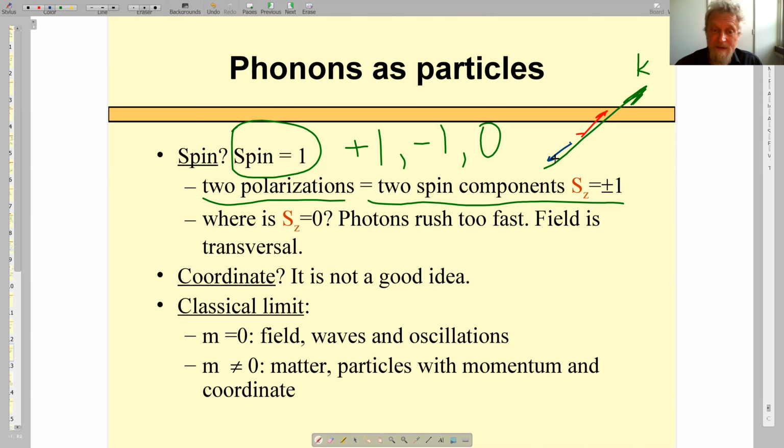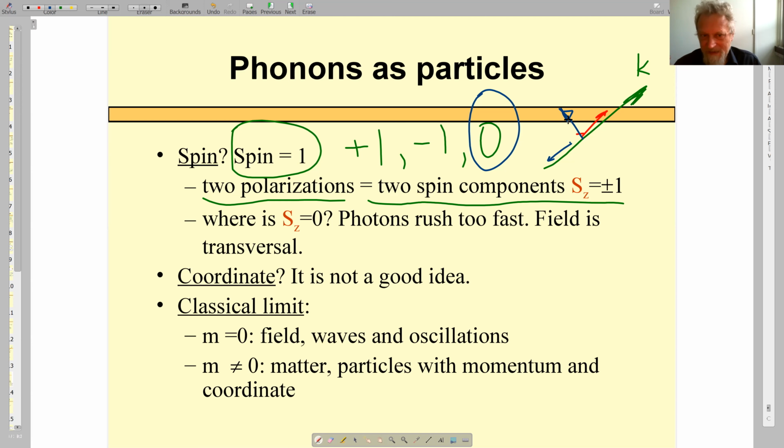Then the natural question: where is the third component? Perhaps spin could be like this. That is not realized owing to the fact that photons always go with the speed of light, which means that we are never in their rest frame.